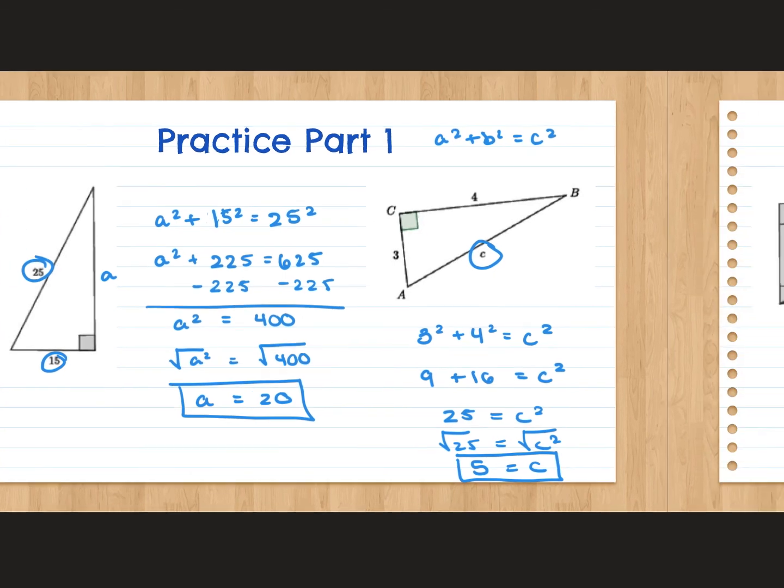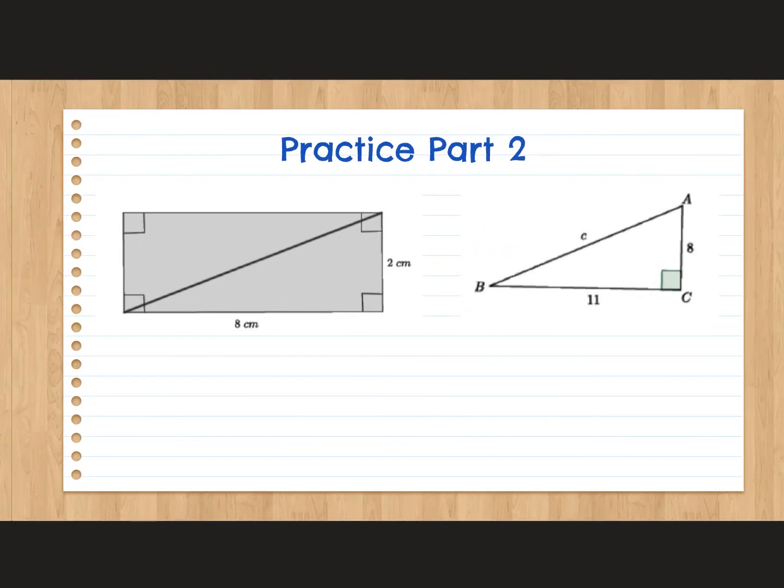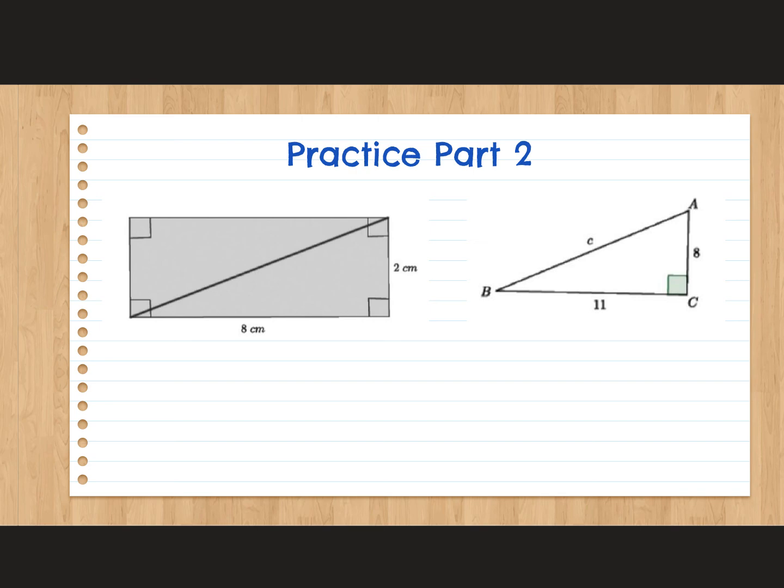All right, taking a look at the last 2 examples. This one right here can be a little tricky at first, but it's still the same process. If we just outline our right triangle here, we see that our hypotenuse is what we're looking for. We're given a leg of 8 centimeters and a leg of 2 centimeters. So we have 2 squared plus 8 squared is equal to C squared. 4 plus 64 is equal to C squared.